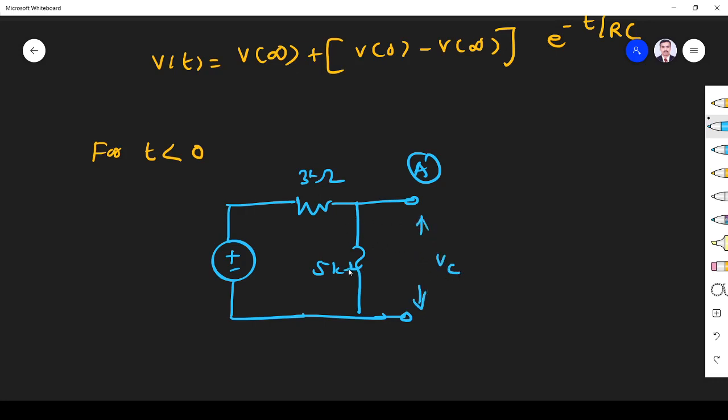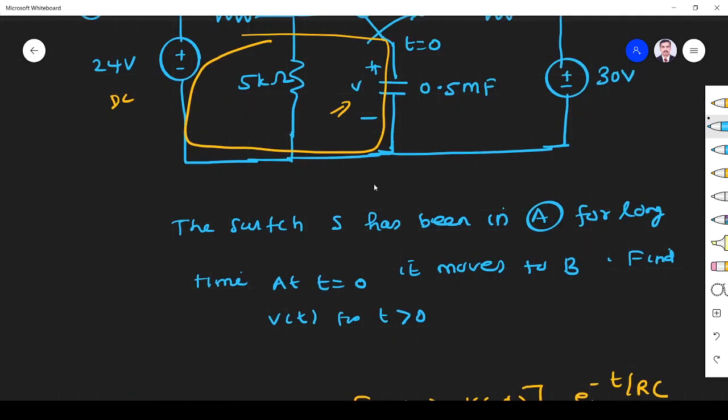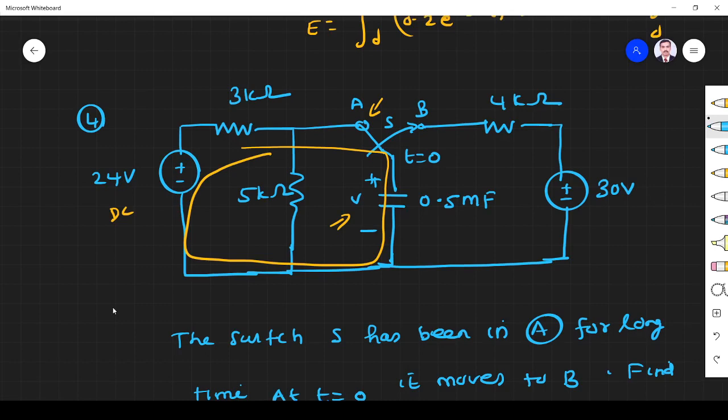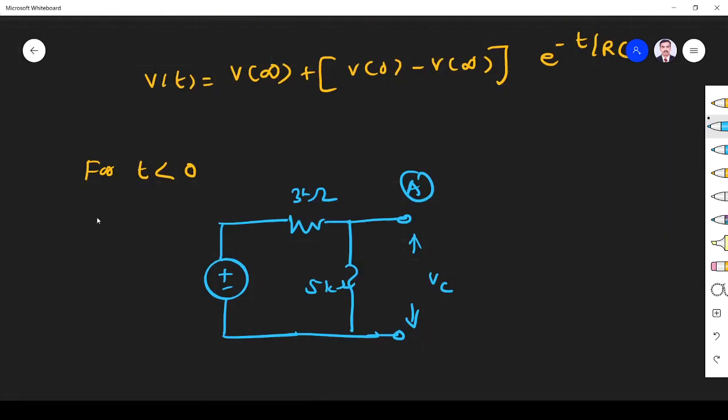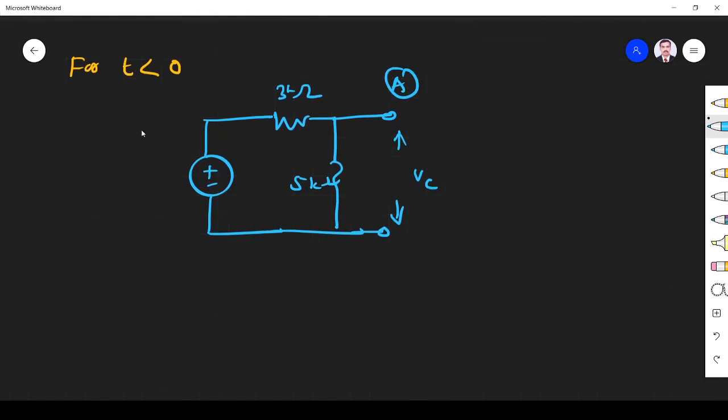The voltage across this 5K is the capacitor voltage. Clear or not? Because the capacitor is open and the switch is in position A, the circuit is like this, 24 volt. So the voltage across the 5 kilo ohm is the capacitor voltage. So V0 minus, I apply the voltage divider rule: total voltage into the same resistor, divided by total resistance, 5 plus 3.